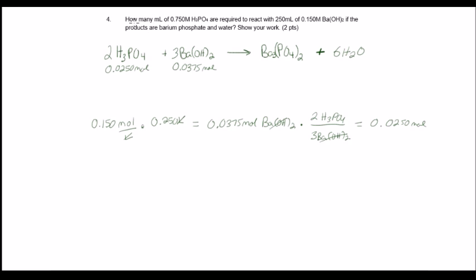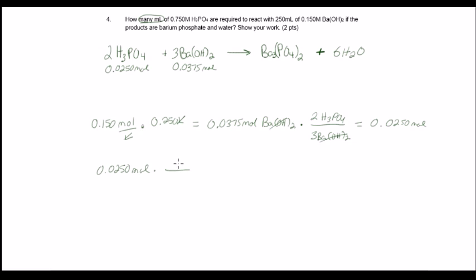Okay, so the question was not about moles. The question was how many milliliters of phosphoric acid do I need? So now I know how many moles, but I have to get back to milliliters. Since I'm given a concentration, that's pretty straightforward. I can start with my 0.0250 moles times, all right, remember 0.750 molar is the same as 0.750 moles per liter.